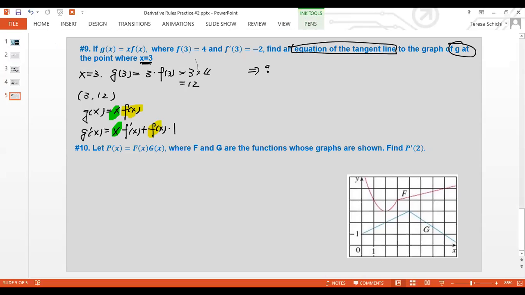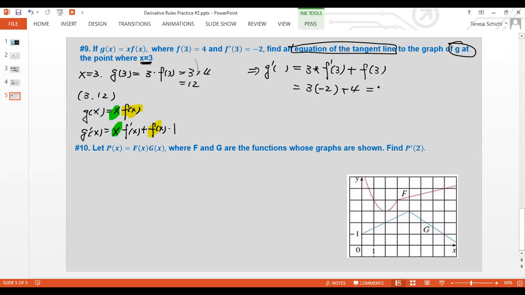Now I need to find the slope, so I need to find g prime 3, right? g prime 3 will be 3 times f prime 3 plus f(3). So f prime 3 is -2, and f(3) is 4.